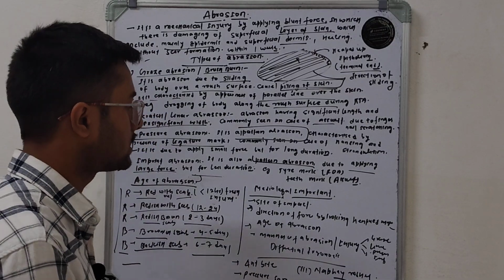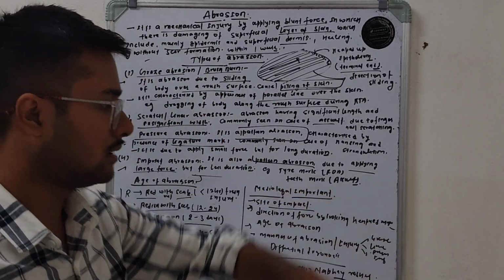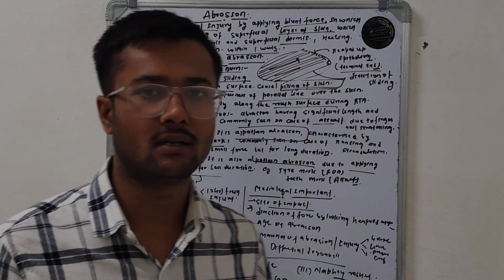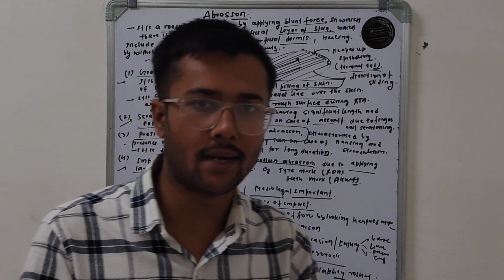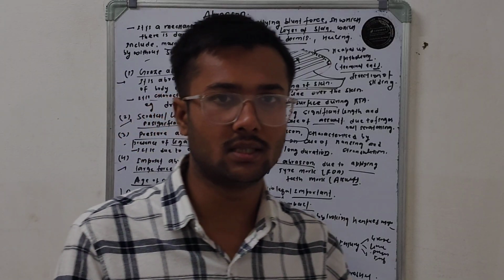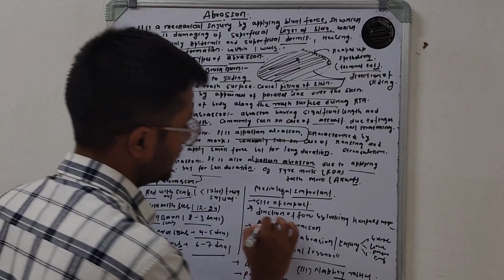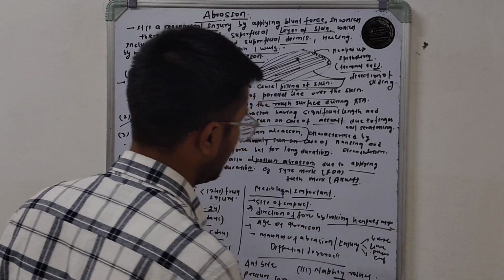Medicolegal importance: it tells about the site of impact. By seeing the abrasion, we can conclude the site of force. If it is present over the forearms, then obviously the site of force is over the forearms. It also tells about the direction of force by looking at the heaped up margins.